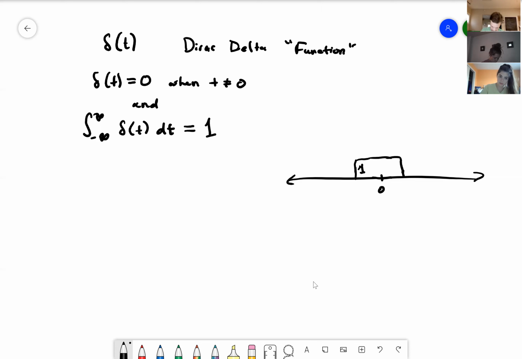And we took the limit as these things shrunk in but maintained an area of 1. They became narrower and taller until eventually we ended up with this kind of function that's not really a function, that's basically infinitely tall and infinitely narrow.